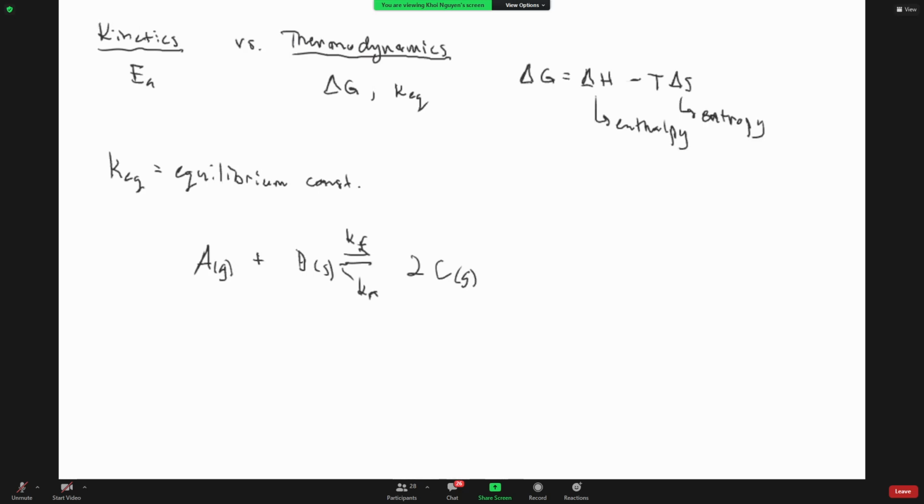So KEQ here is simply the concentration of gas C squared all over gas A. Notice that we ignore solids. So let's write the rules for writing KEQ.